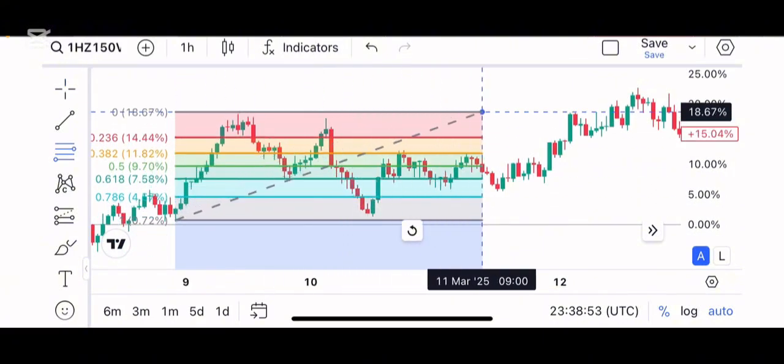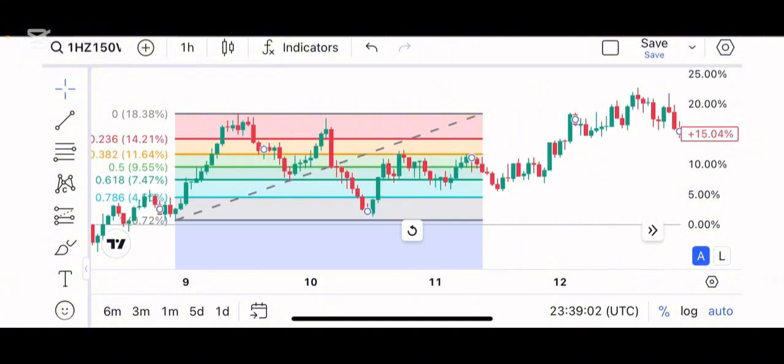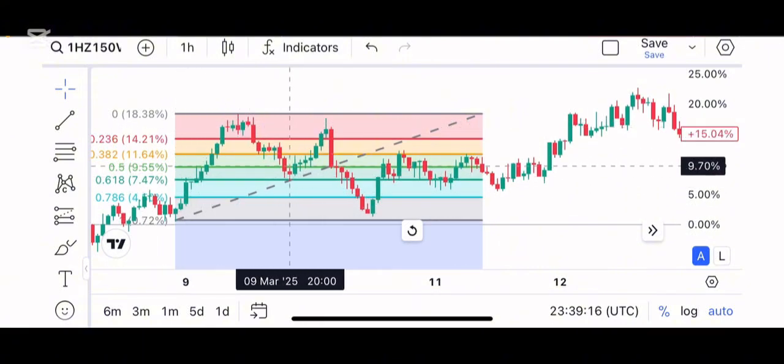And like I said, what we want the neckline to do is at least touch the 61.8 Fibonacci. And you can see the candle wicks just about touch the 61.8 Fibonacci. So this neckline is valid for a potential Gartley pattern. Remember, we are testing this neckline and it touched the 61.8.